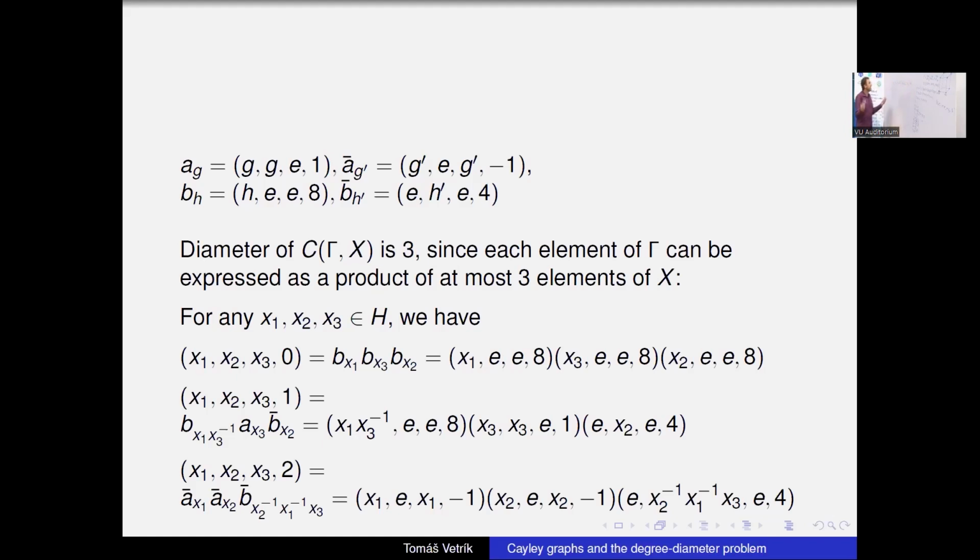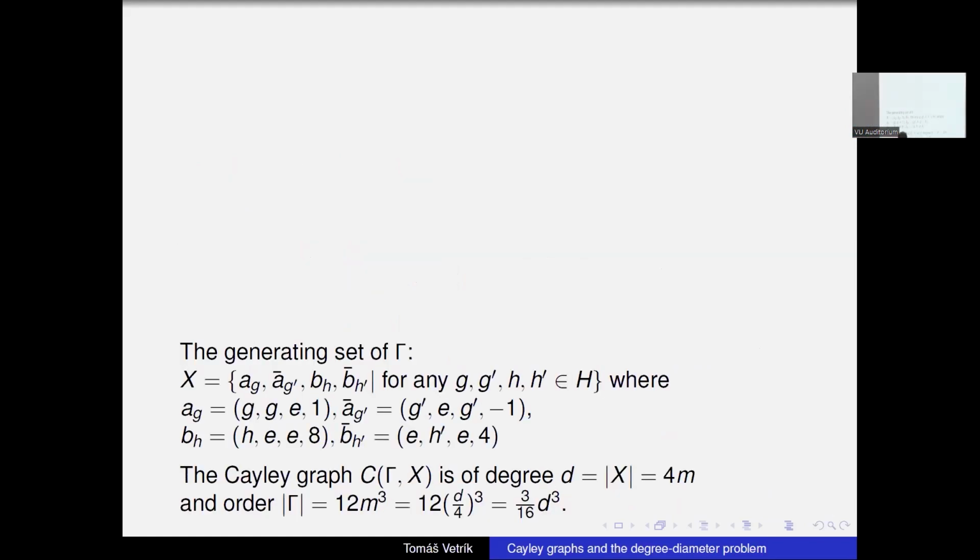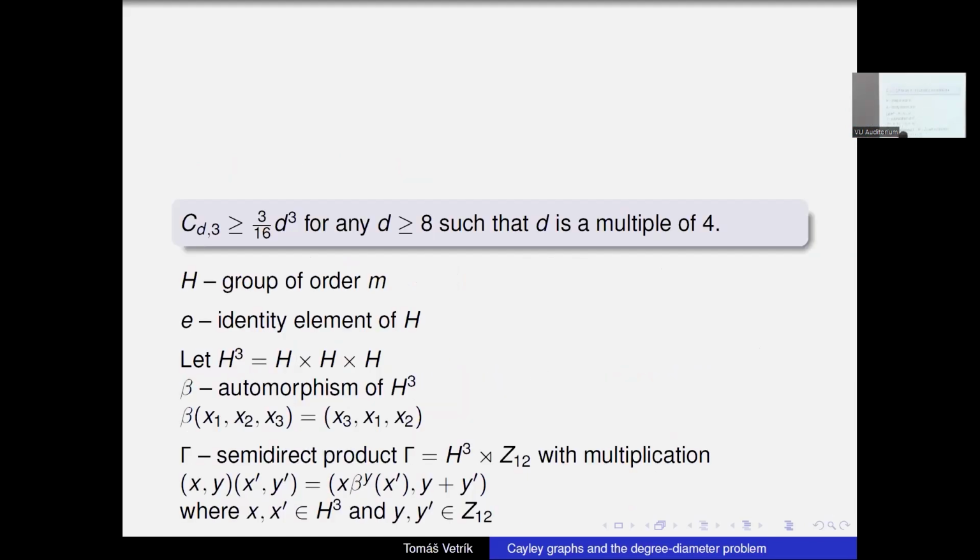So what will be the result of this one? The last one is easy. You just make this one plus this one, Y plus Y prime. So in this case, it will be 13, but since we are modulo 12, it will be 1. Okay?